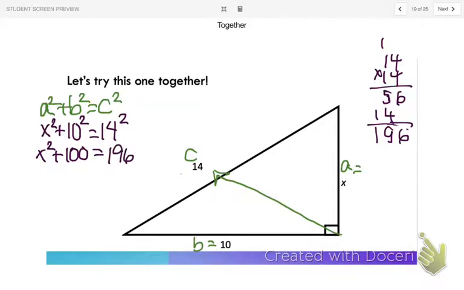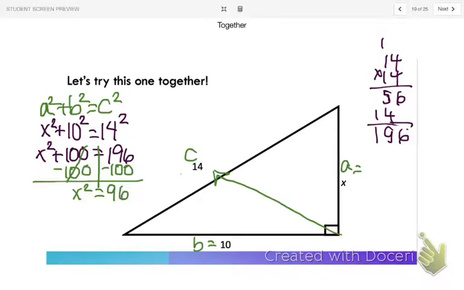Okay, here's where it differs a little bit. We actually have to use more than one inverse relationship. So I'm going to draw a line down the equal sign. Then I'm going to subtract 100 from both sides. Okay, so the hundreds cancel out on my left, and I'm left with x squared equals 196 minus 100, which gives me 96.